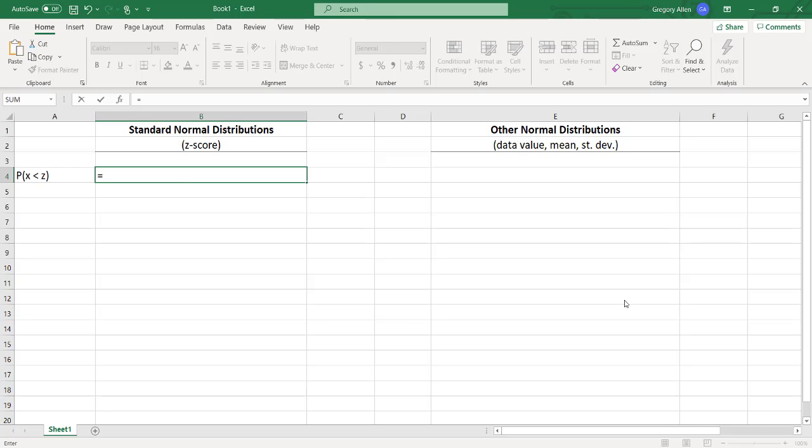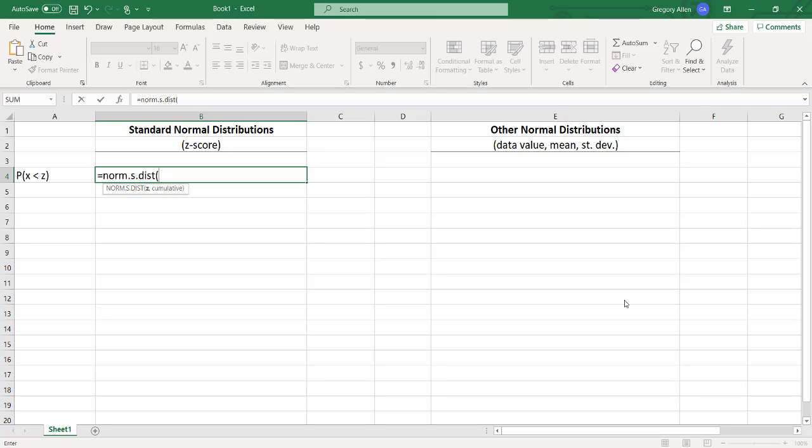To do that, I'm going to type NORM.S. That's the key difference between the two sets of formulas. If you have this .S in the formula's name, that's for a standard normal distribution. And to get probabilities, you're going to use DIST, the distribution function. You see it's prompting me here.